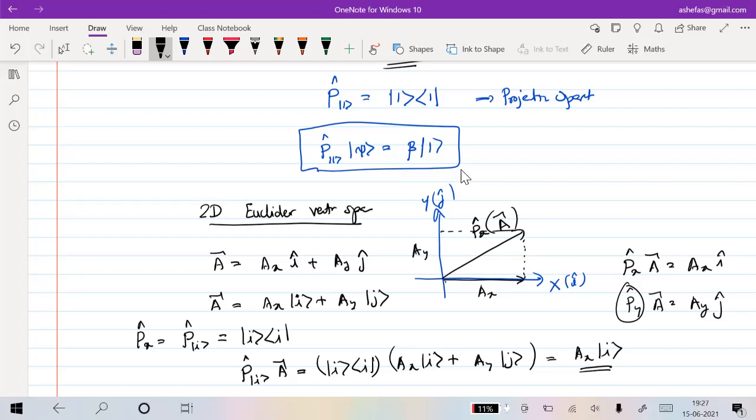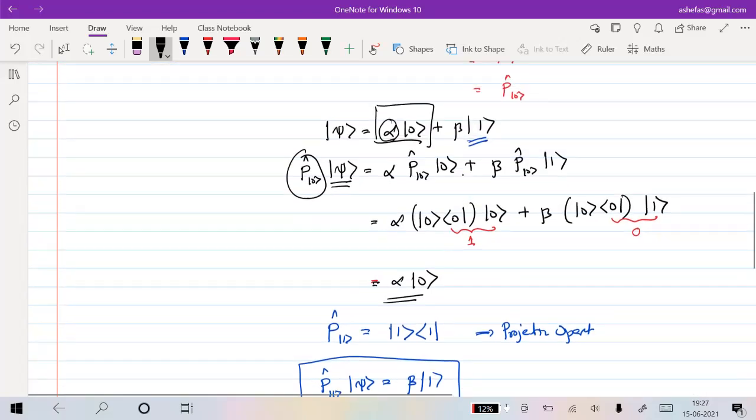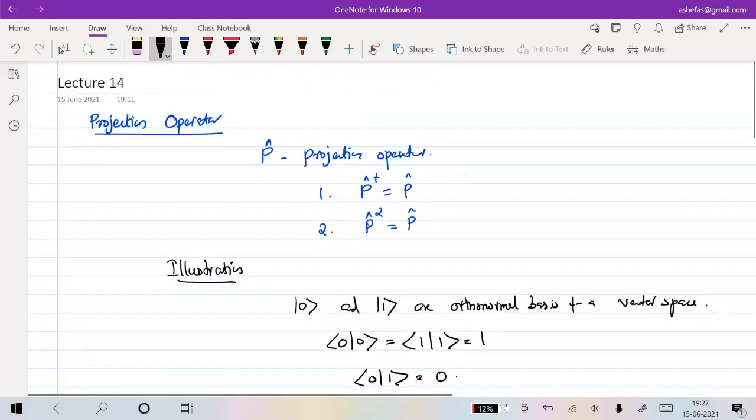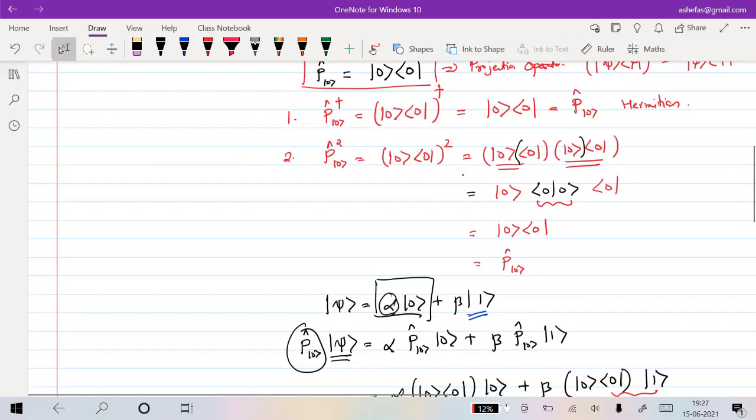Once you apply a projection operator, that operator transforms the vector and projects it along that particular basis vector. So that is the definition of the projection operator and its meaning.